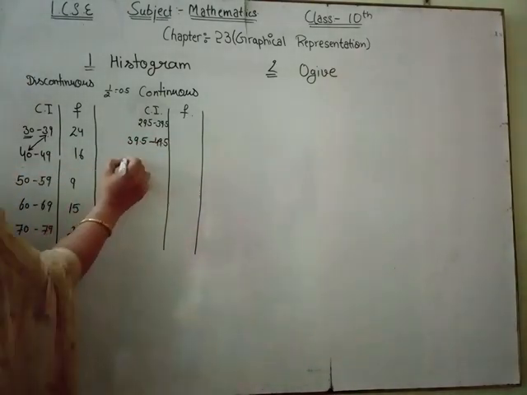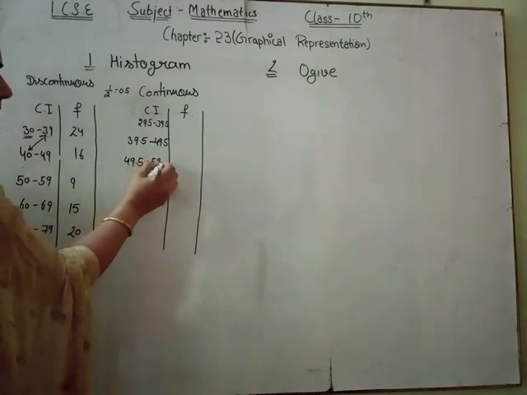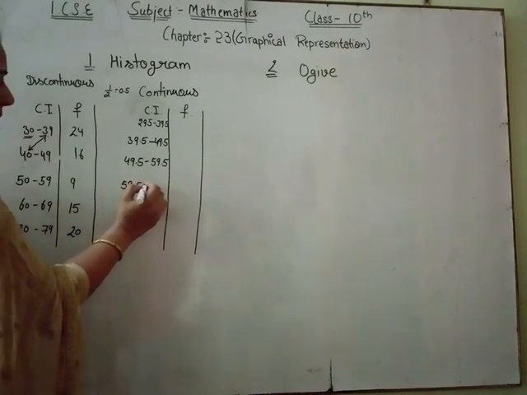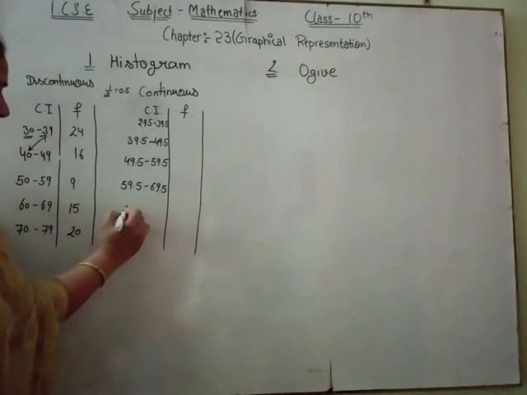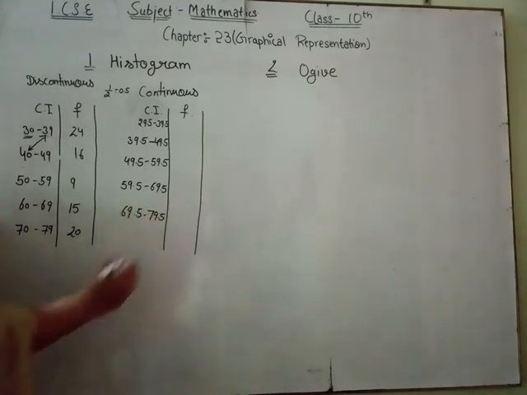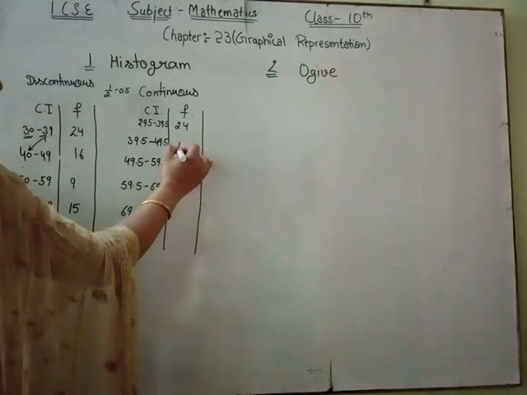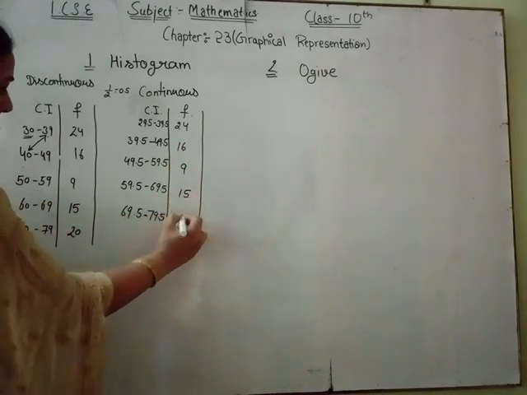Next is 49.5 to 59.5, then 59.5 to 69.5, and 69.5 to 79.5. This is a continuous class interval. The frequencies are 24, next 16, next 9, next 15, and next 20.